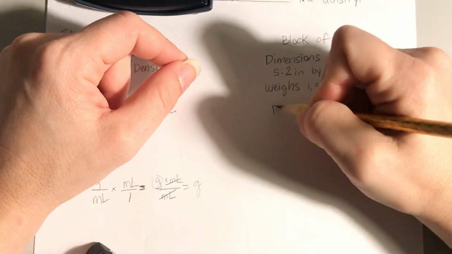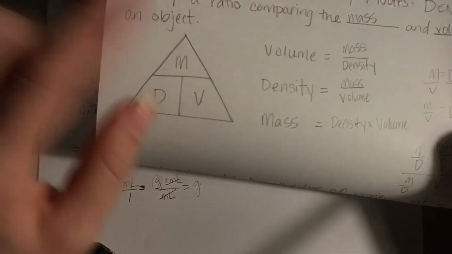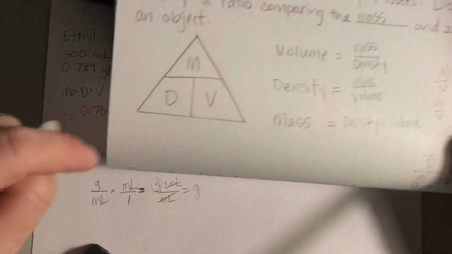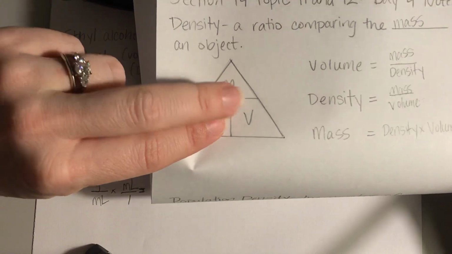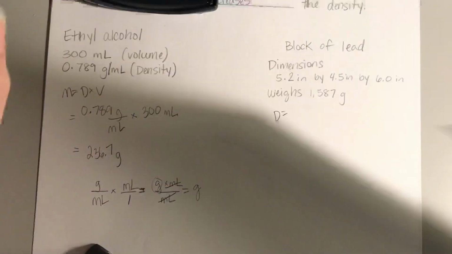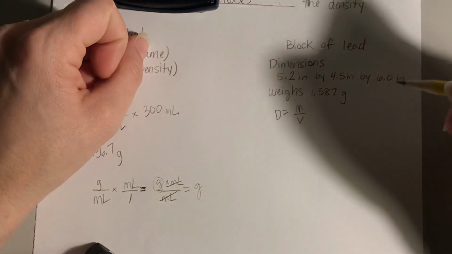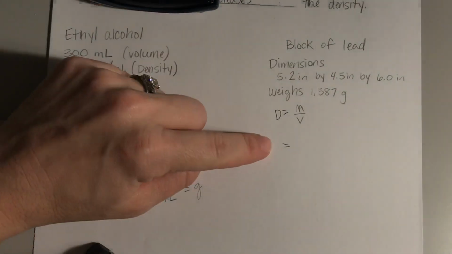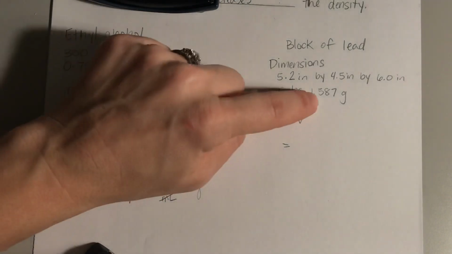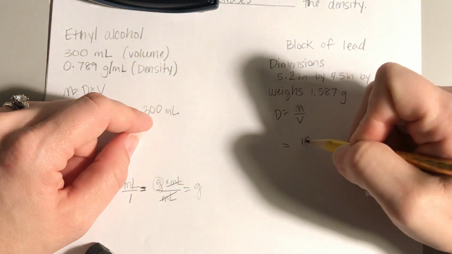Okay, so density is equal to, look back at our formulas, mass over volume, or if you want to use the triangle, cover up density, what's left? Mass over volume. All right, so the mass is, well, it weighs 1,587 grams.